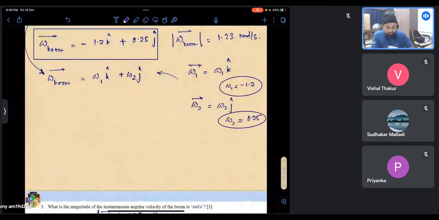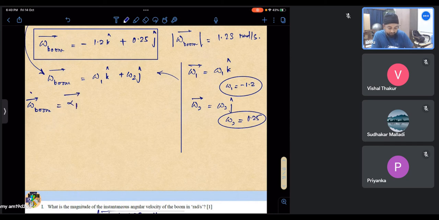So if we systematically differentiate this, this is nothing but my alpha, the time rate of change of the angular velocity, which is nothing but omega 1 dot k cap plus omega 1 k cap dot plus omega 2 dot j cap plus omega 2 j cap dot.